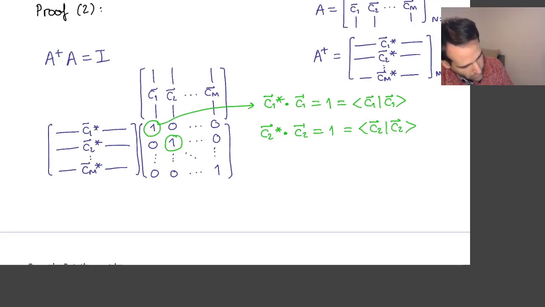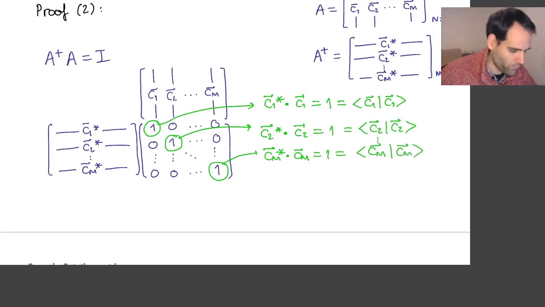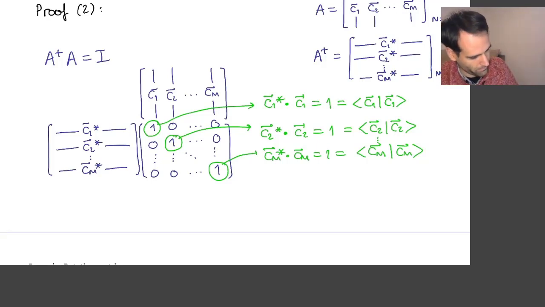And if we work our way through the diagonal up to the mth case, Cm conjugate dot Cm equals 1, which is the inner product between Cm and itself. So we find that all the columns' inner products with themselves must be equal to 1. So all Ci's are unit vectors.